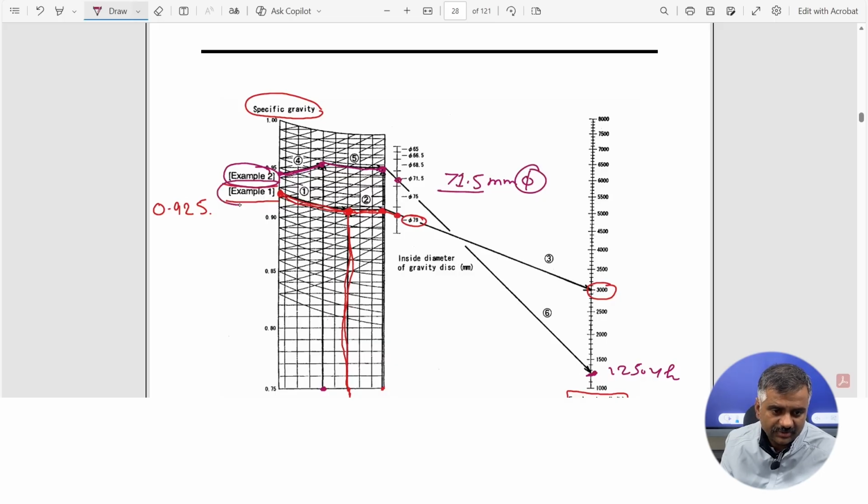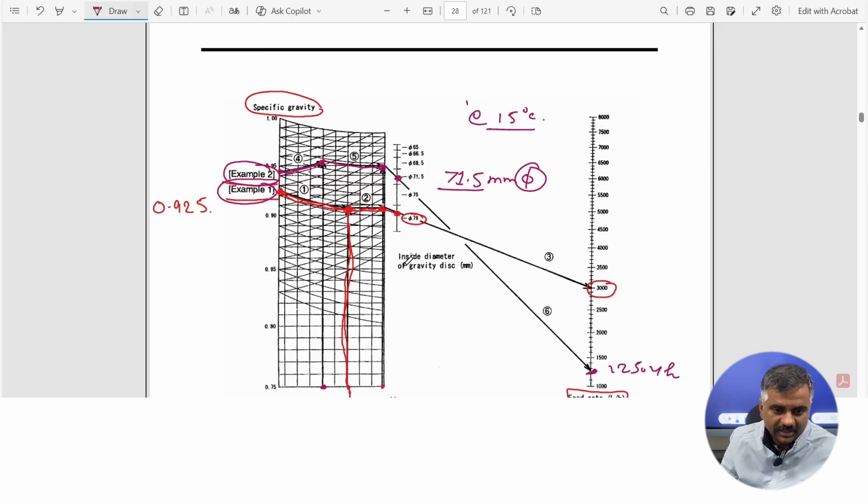So that's how we see there are two scenarios from which the gravity disc has to be decided. Either you are aware of the specific gravity at 15 degrees centigrade, because that is the beginning of the curve here.